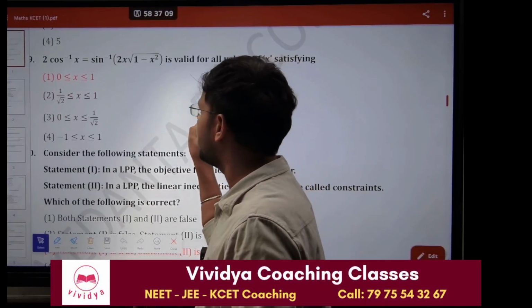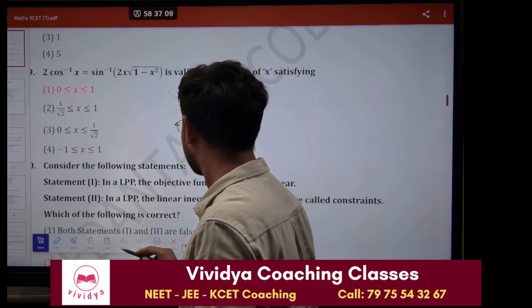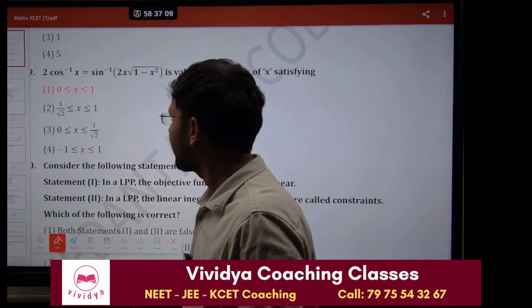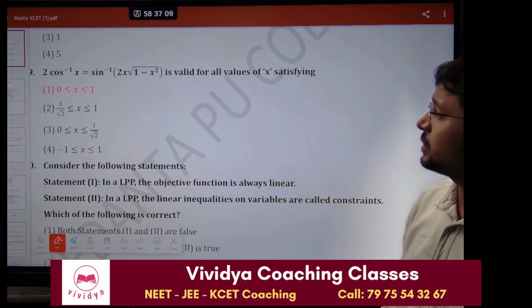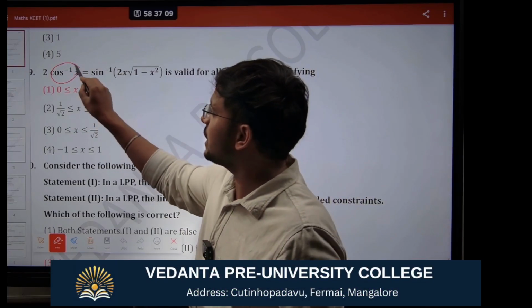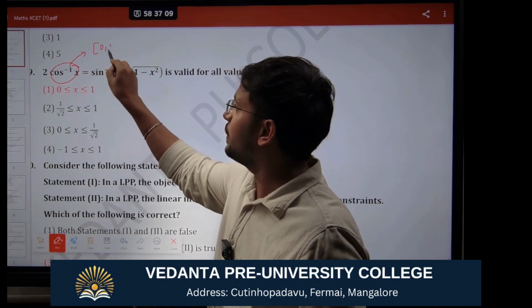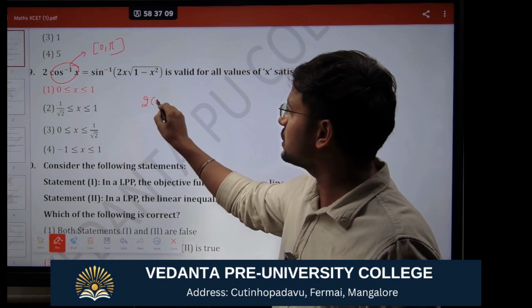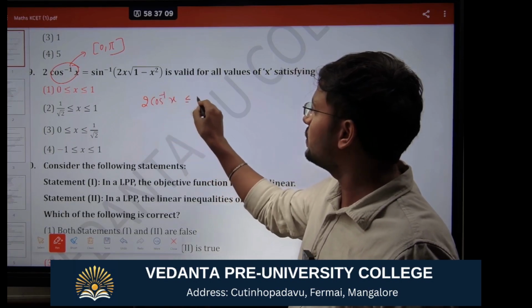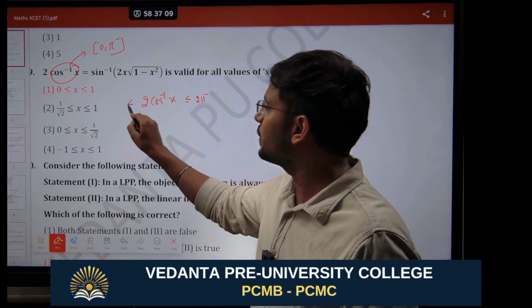Now question number 19. I have to find for what value of x this is going to be satisfied. So if you notice, cos inverse x goes from 0 to pi. So 2 cos inverse x will go from where to where? Can I say 2 cos inverse x will go from 0 to 2 pi.